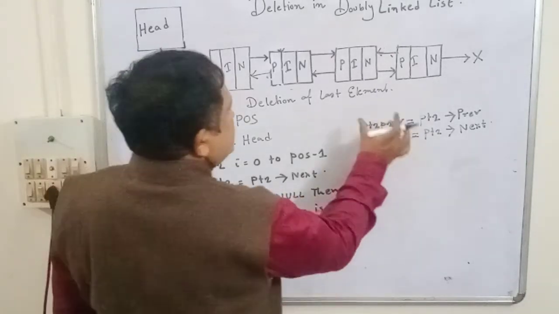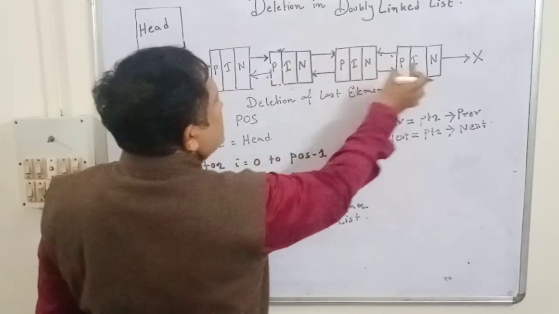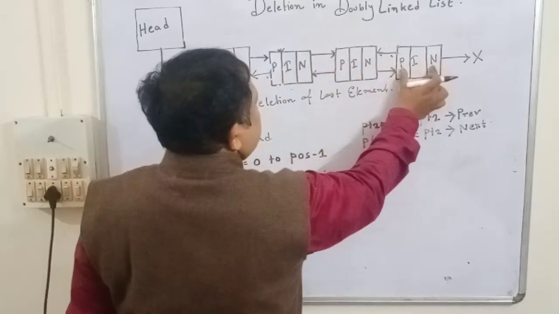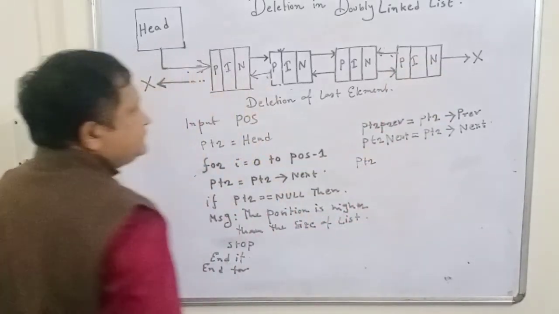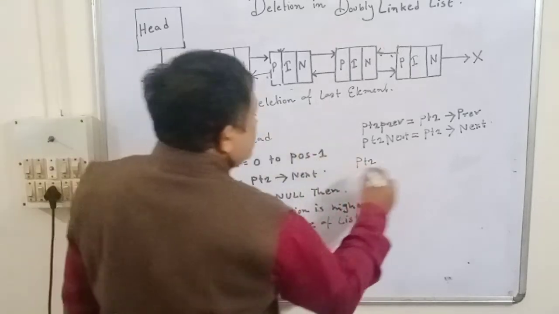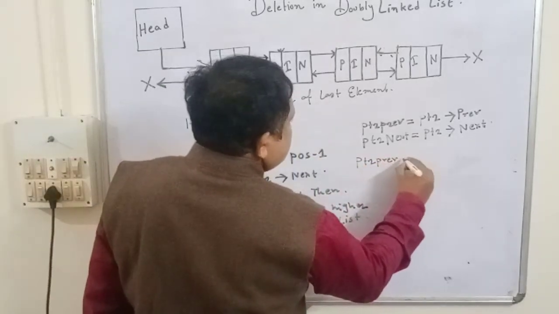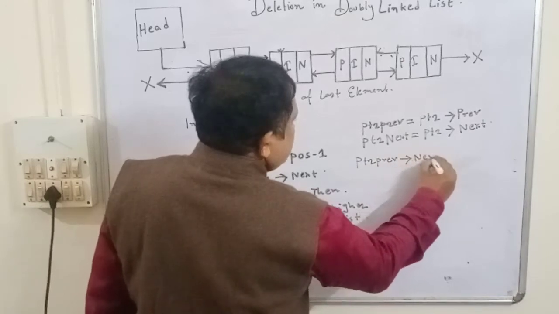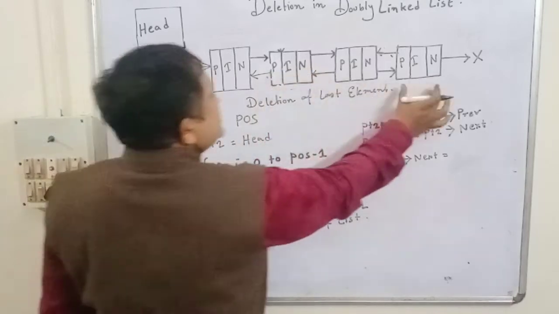Now PTR previous's next part should hold the address of this particular node. This is PTR previous, this is PTR next.